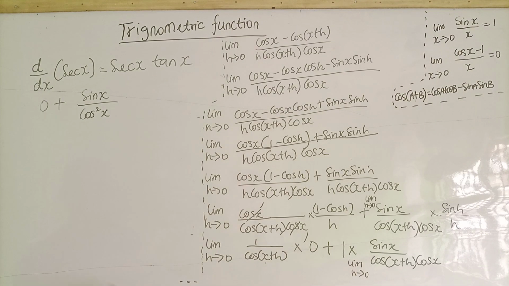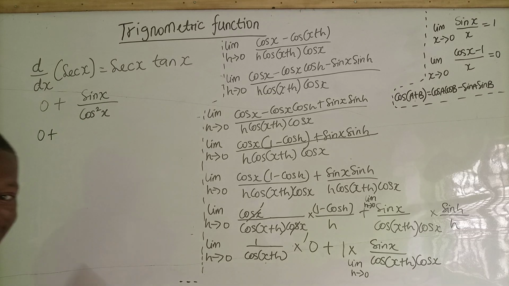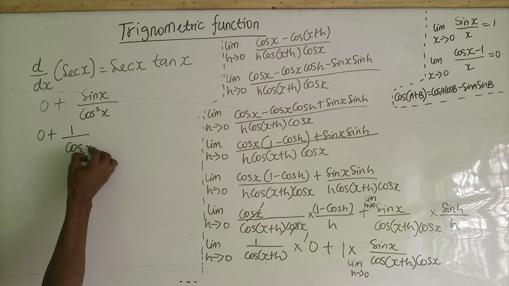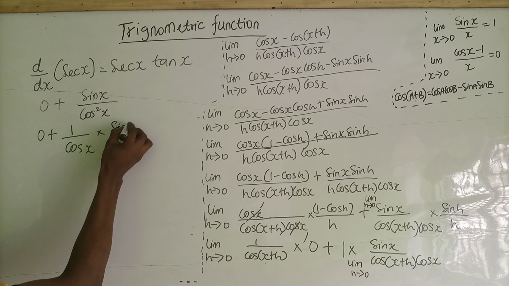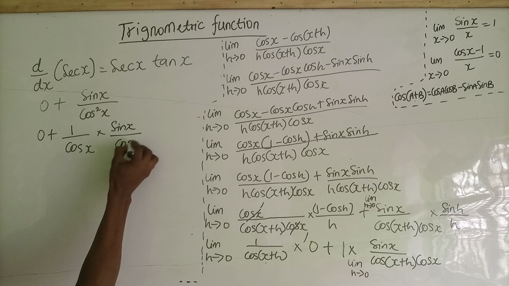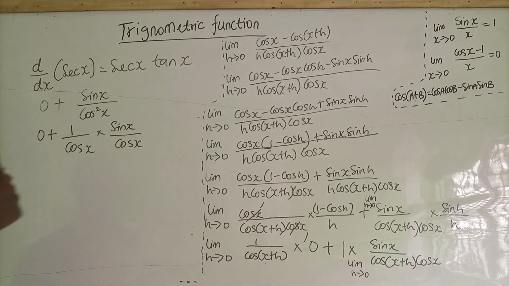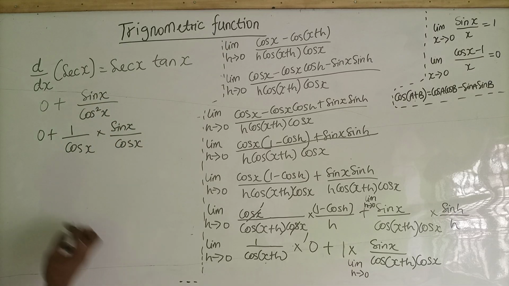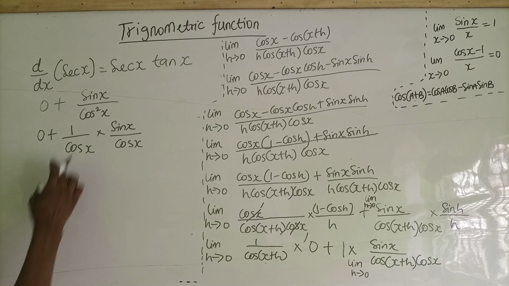Just go. So we are going to have 0 plus, can I write this thing as 1 over cos x times sine x over cos x? Can I? Yes, I can write it. The reason why I can write it is because when I multiply it back, I'm still going to get this. So we are going to have 0 plus this thing, right?